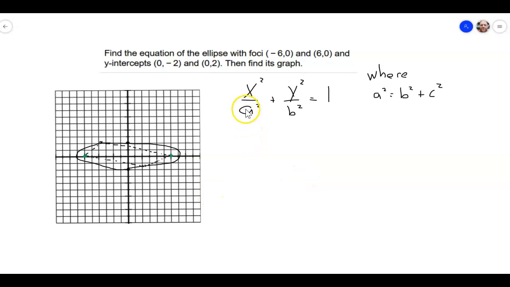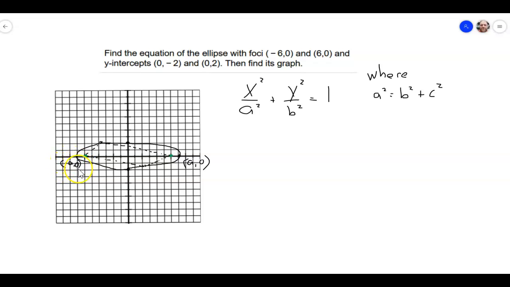All right, so what are these three letters? The a is always going to be the intersect point on the major axis. The major axis is the one that's being stretched. So in this case, the x-axis is the major axis. So this will be (a, 0) over here, and this over here will be (-a, 0).